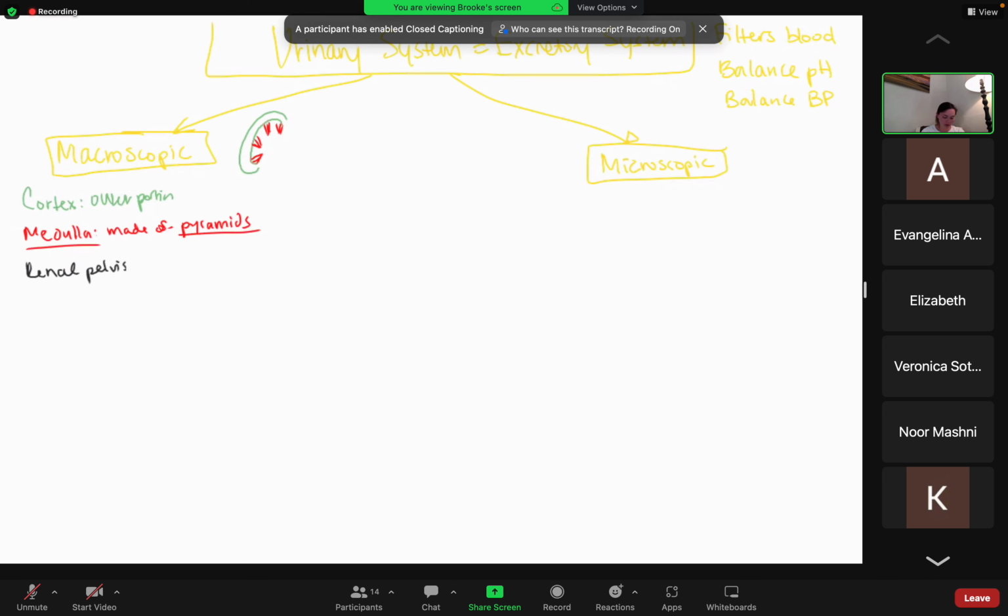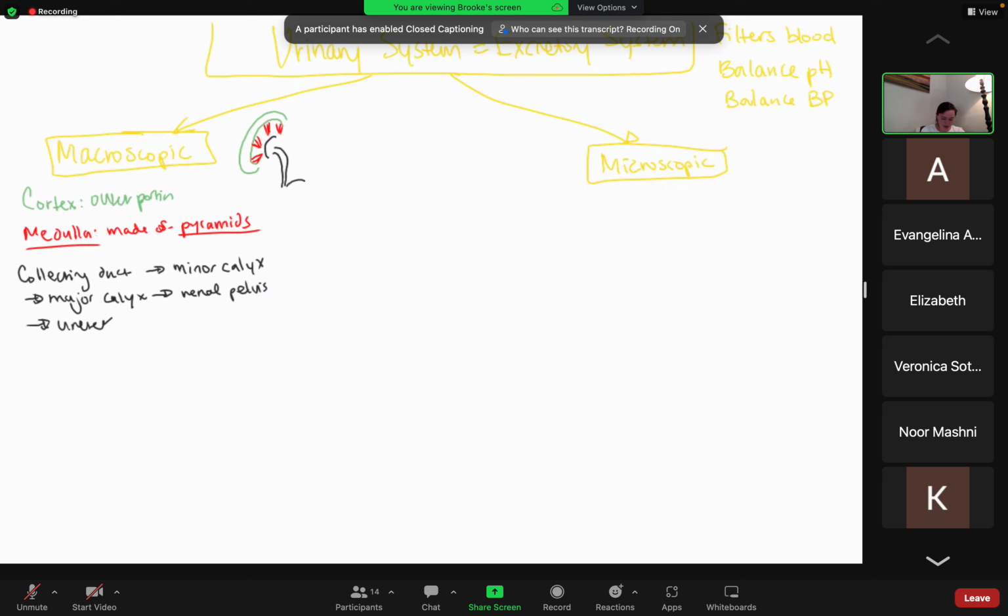What I was explaining to you guys before: first, it's the collecting duct. Then it's the minor calyx, we'll just put calyx. Then those flow together into the major calyx, then into the renal pelvis. Then once in the renal pelvis, right here, it flows down into the ureter.